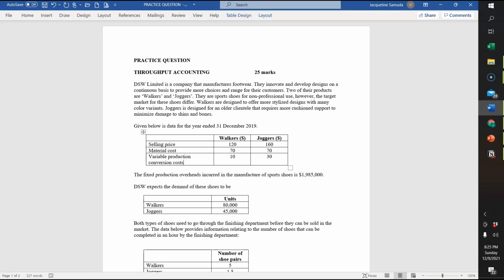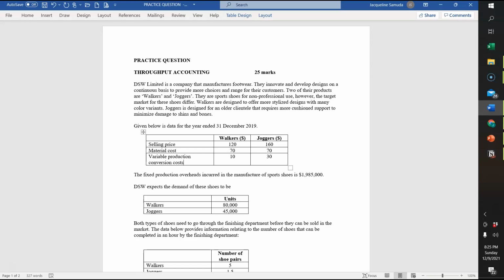Now, it goes on to say that apart from these two manufacturing costs, there are other costs described as fixed production overheads, and this comes to $1,985,000.